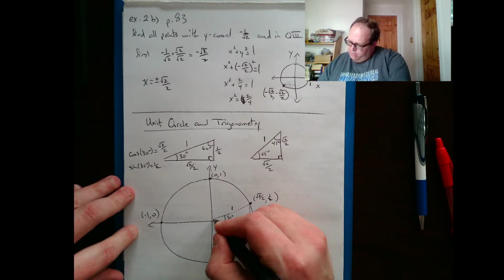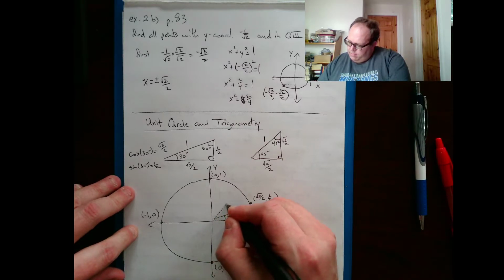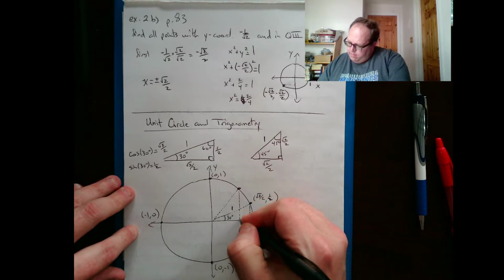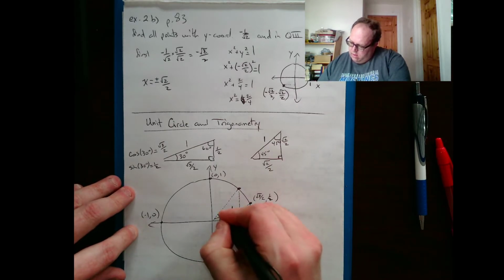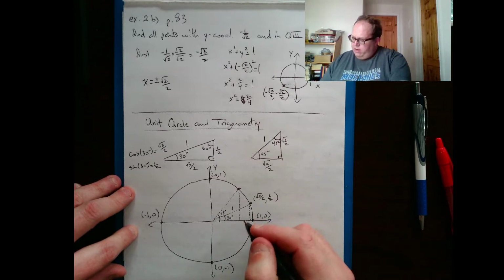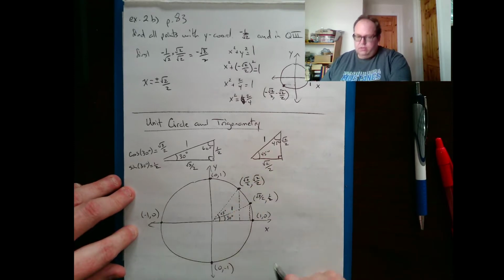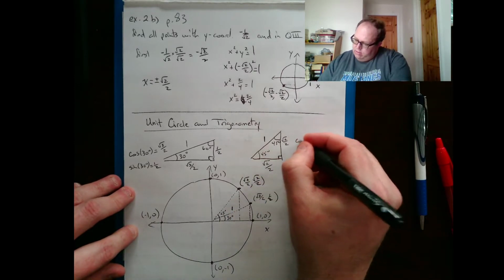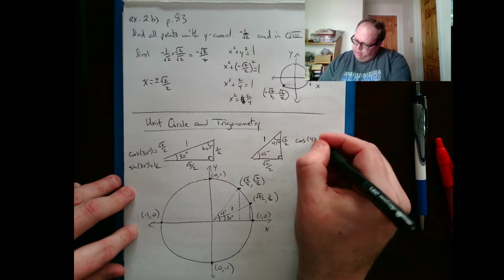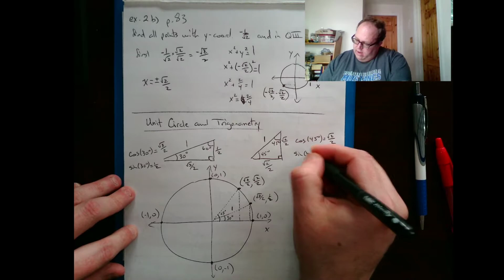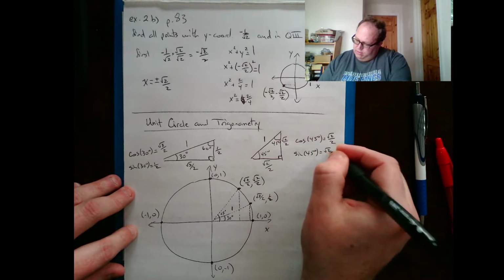If I come up to a 45-degree angle, then I've got my other special triangle, which would have coordinates √2/2 and √2/2. But I also know from this triangle that the cosine of 45 degrees should equal √2/2, and the sine of 45 degrees should equal √2/2.